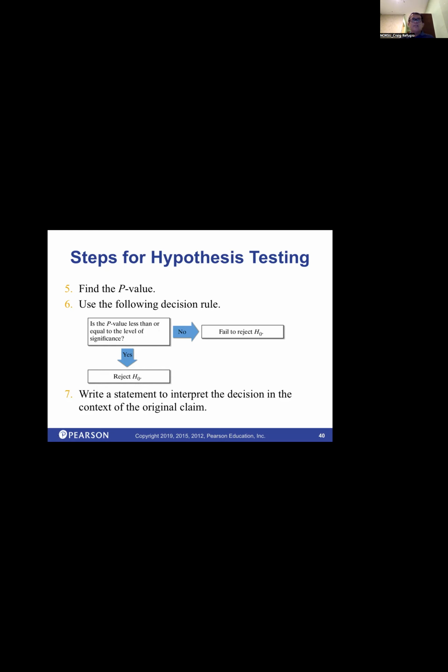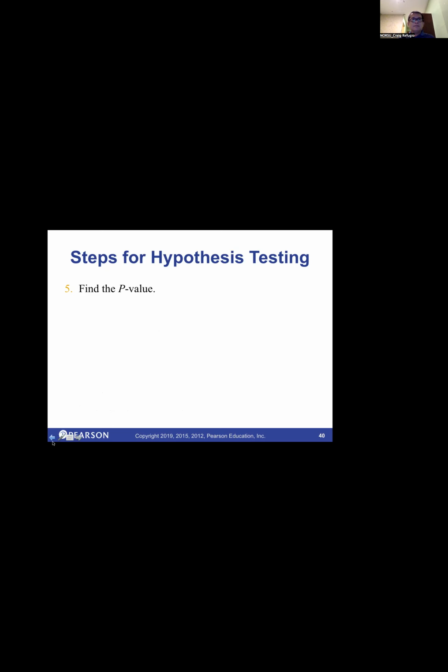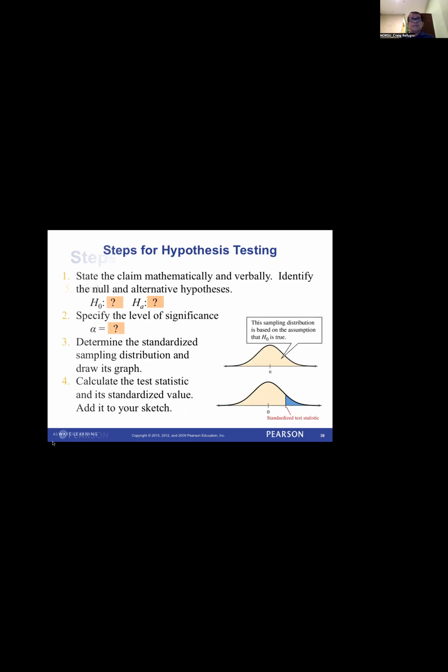So overall, when you look at the steps for hypothesis testing, there are 7 steps. I'd like to repeat for emphasis. Number 1 is all about stating the claim mathematically and verbally about H0 and HA, and then identifying which one is the claim. Is it H0 or is it HA? Number 2, you are going to set the alpha level, or the level of significance.